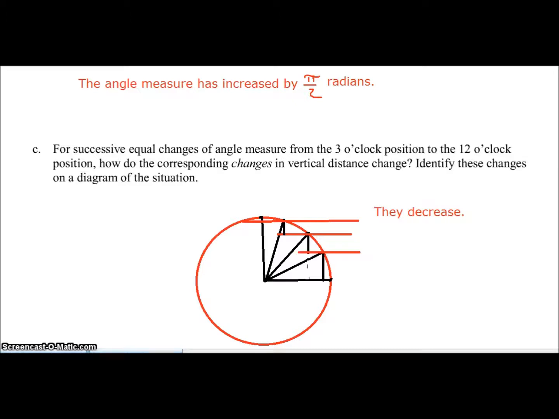Now, I'm going to get a little bit technical. All the way around there's 2 pi radians. So if we divide that into fourths, we get pi over 2. But then if we divide the pi over 2 into fourths, we get pi over 8. So each of these is pi over 8, each of those angles swept out.